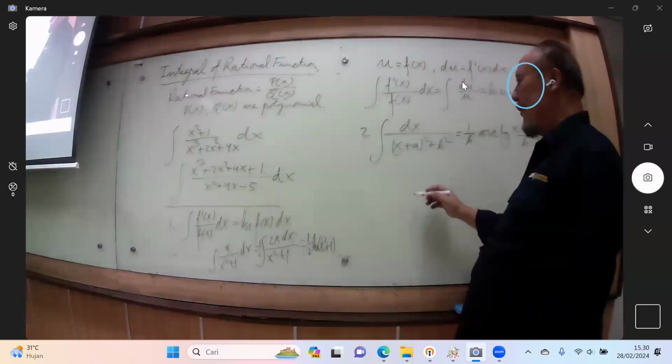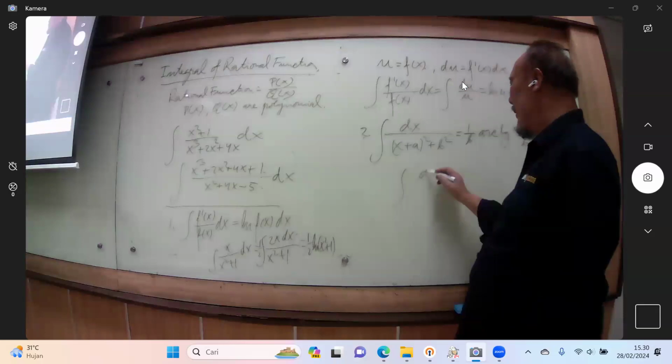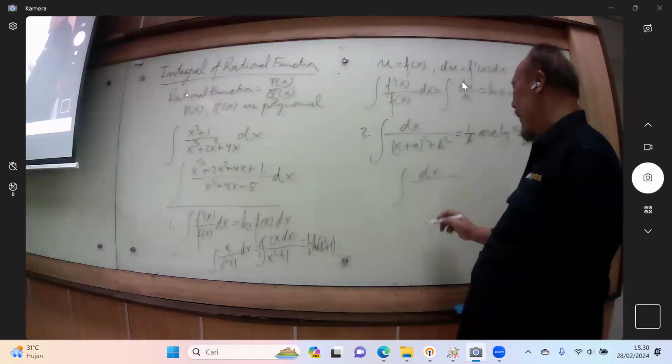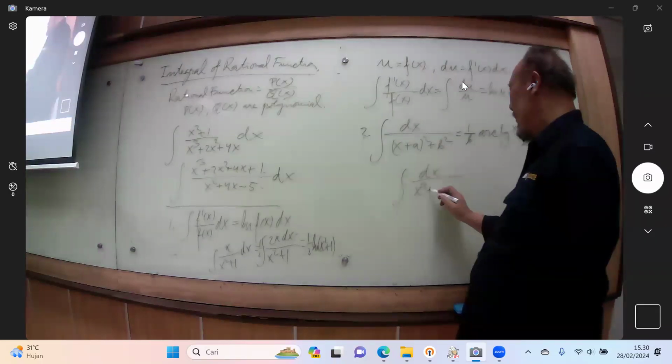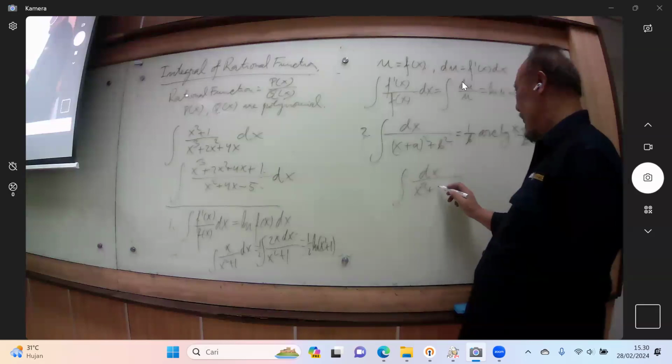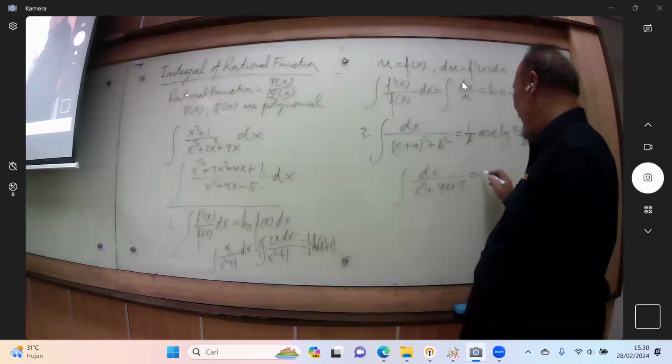So, for example, if we have the integral of dx divided by x squared plus 4x plus 5, then we have the integral of dx.